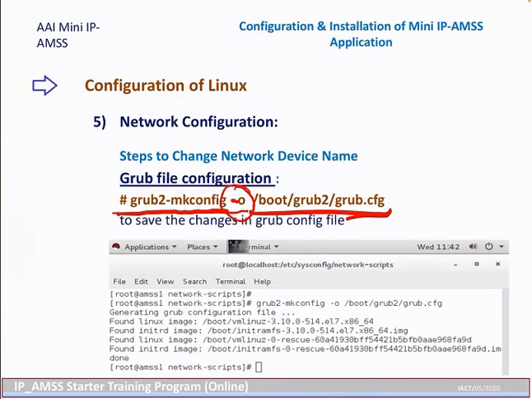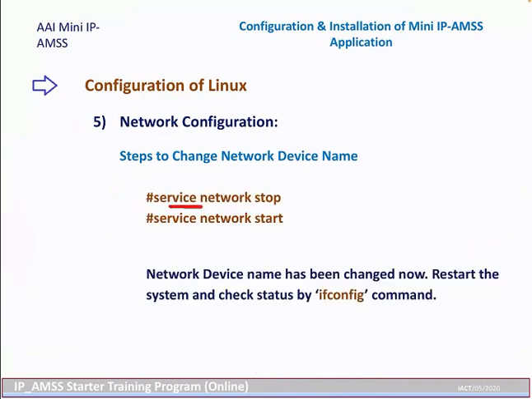Now once you have made changes in the grub file, you have to again stop the network and start the network. So simply write these 2 commands, service network stop, service network start. And still, if you run ifconfig, then the changes will not be visible.